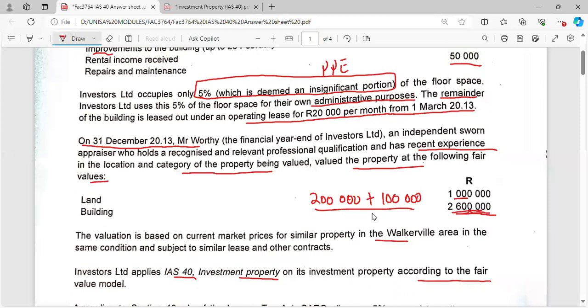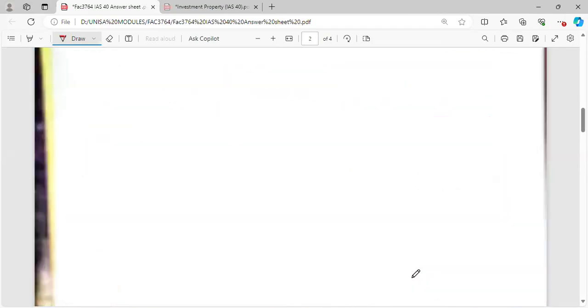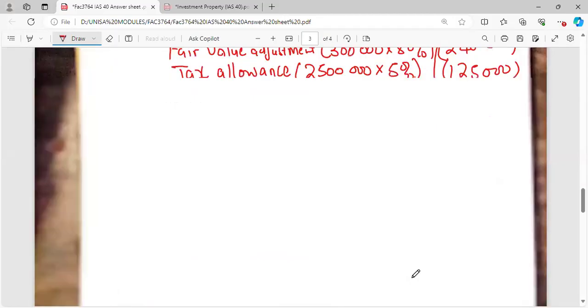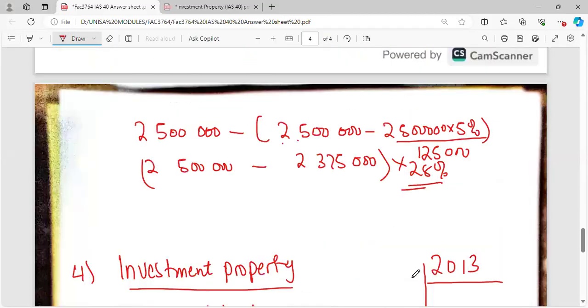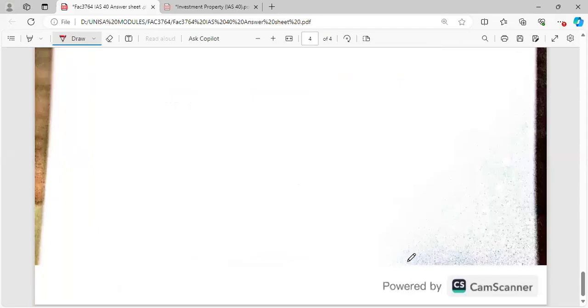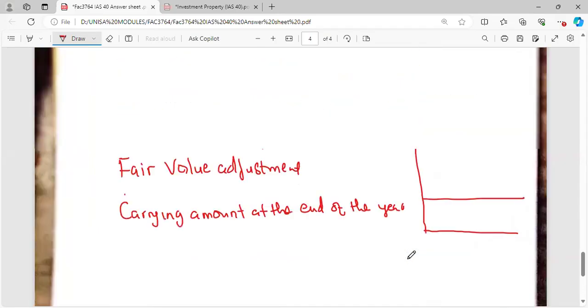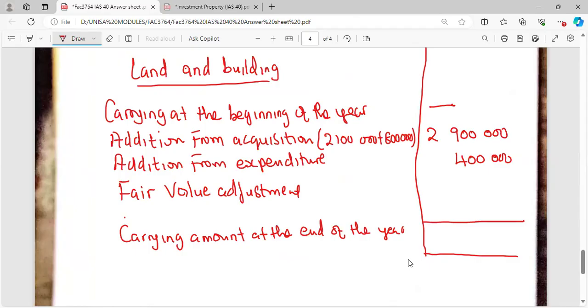So our carrying amount at the end of the year, we're going to add these two, am I right? Which is going to be 3,600,000.